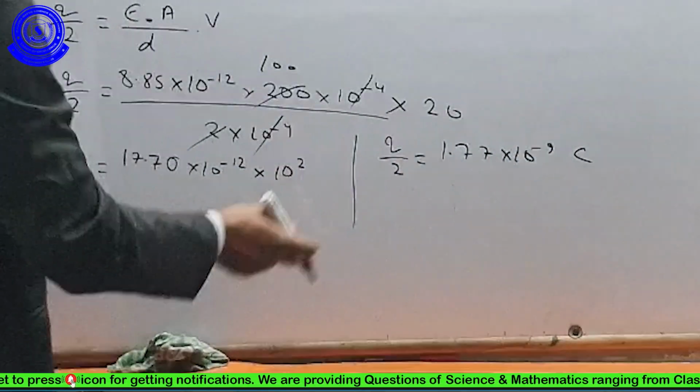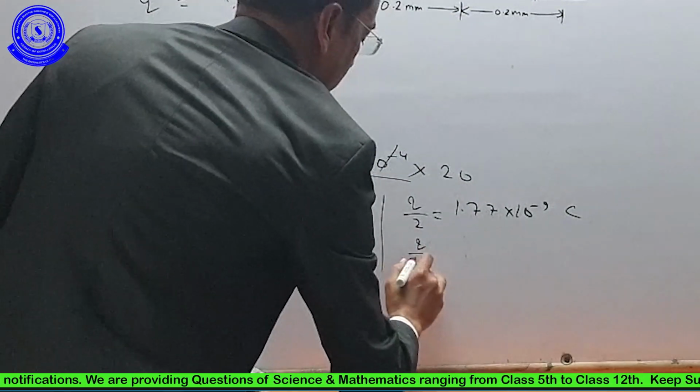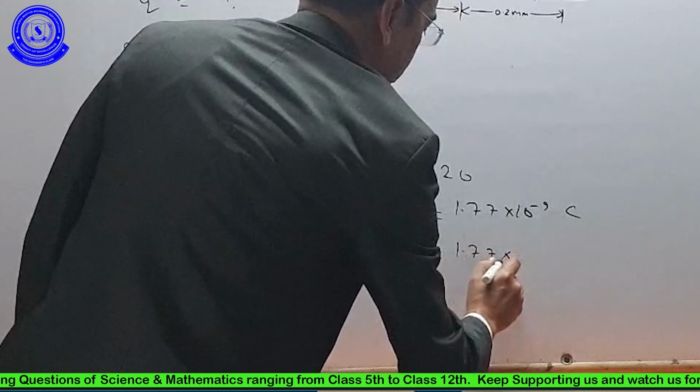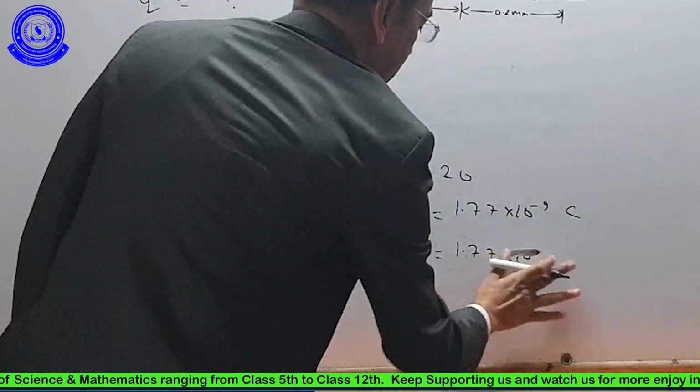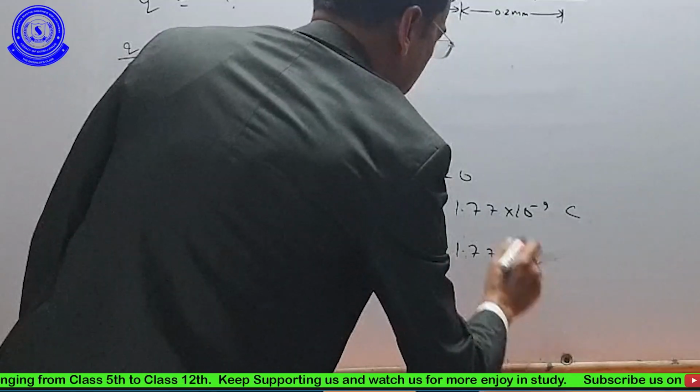and the charge on each of these plates, Q by 2, is equal to 1.77 into 10 to the power minus 9, written as nano coulomb.